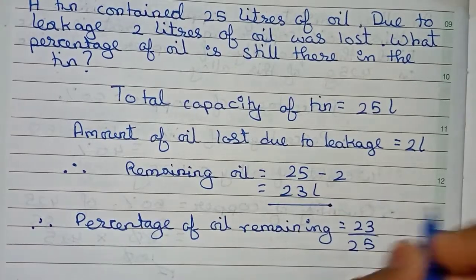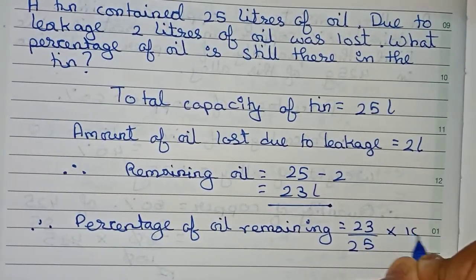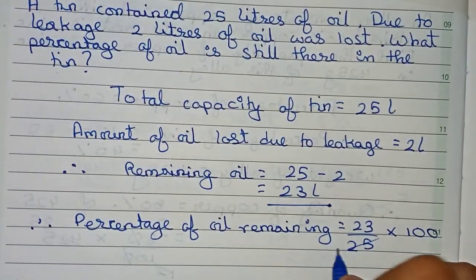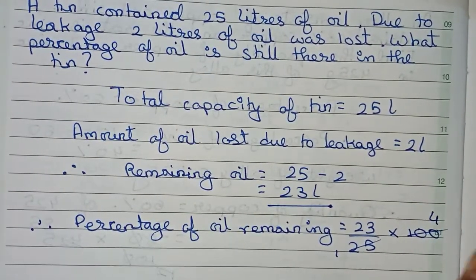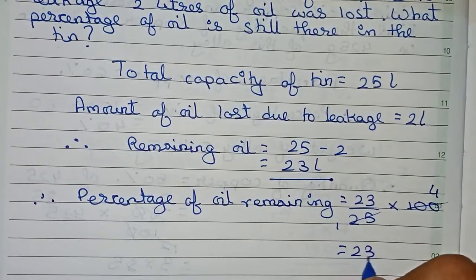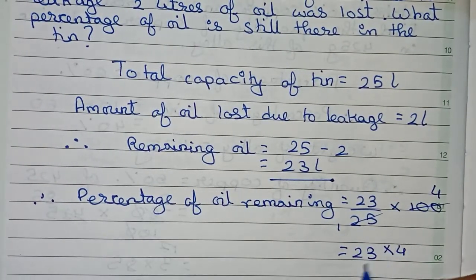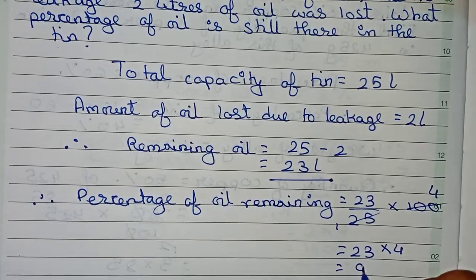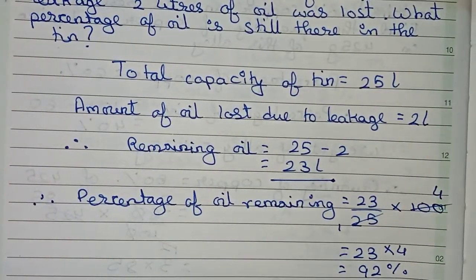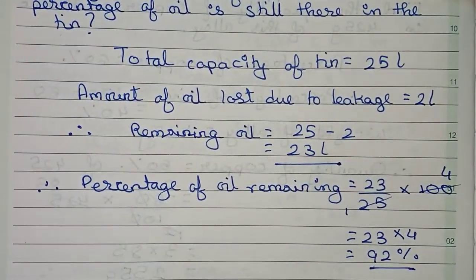As you have to find the percentage, we write into 100. We have 25 and 100, and we cut it by 25 directly. It becomes 4 by 1. So now it becomes 23 into 4, which is equal to 92%. So this will be the final answer for this question. Let's move on to our next question.